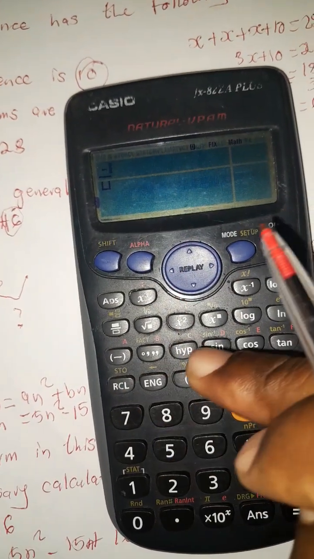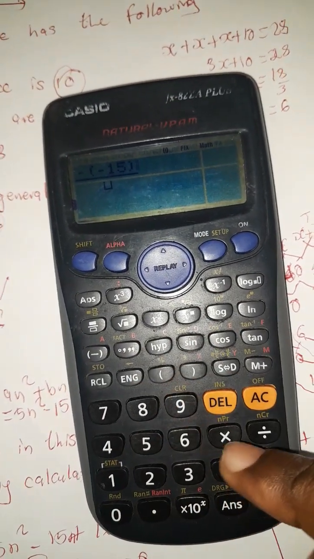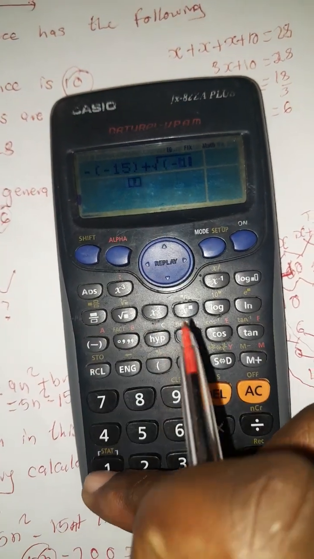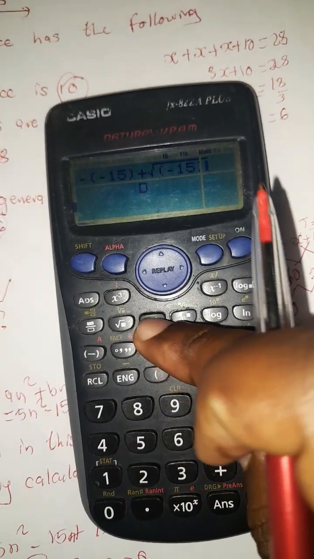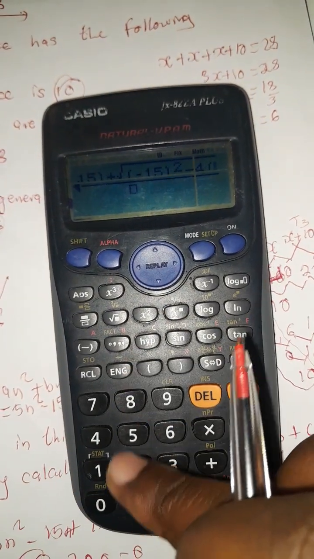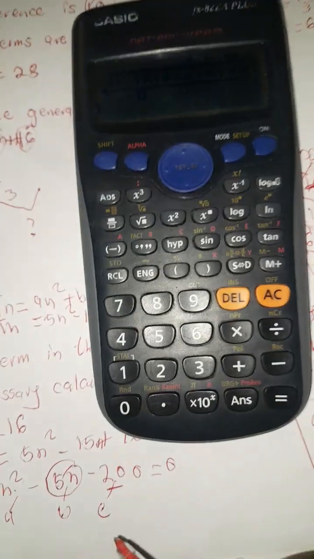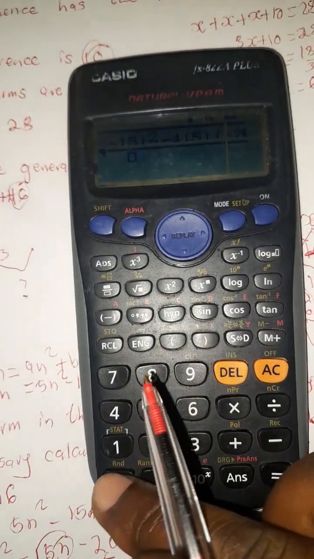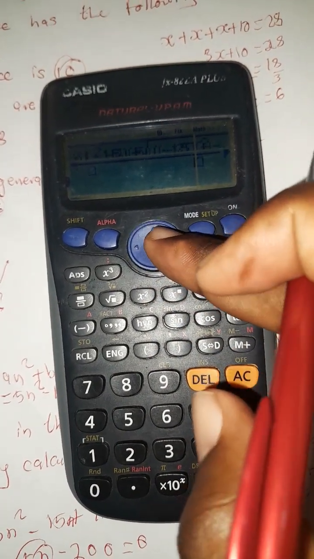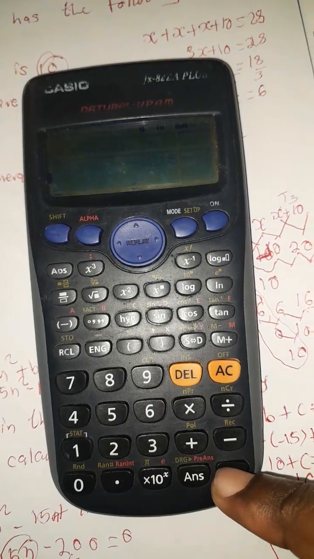So it's going to be negative b, which is 15 there, plus root, then you place negative 15 squared there. For a, it's 5, and our c is negative 200. Divide that by 2a, which is 5, then let's see what we get.